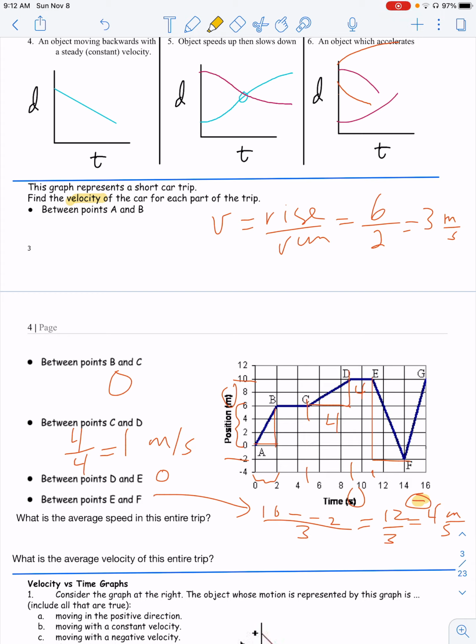Okay? Now that looks like it's the same slope as your answer between C and D. But it isn't. So let's double check. 10 minus negative 2 is 12.